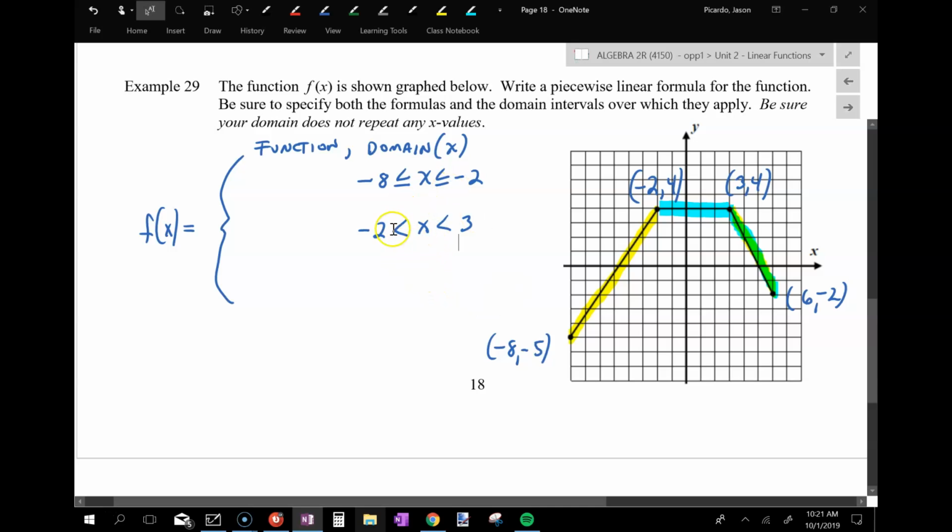Here I did not include it, because if I included it here, I can't include it there, otherwise it wouldn't be a function. Now, the correct question is, well, why did you include it here and not here? And the correct answer is, you could have done it either way. So I could have done this. I could have done it either way, okay?